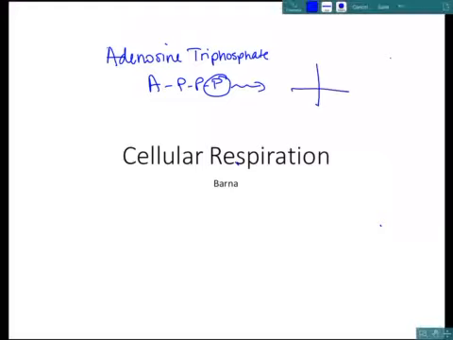So you may be pushing something across the membrane, or you may be attaching it to an enzyme to do a specific task. So we think of ATP as like the money in our body. We think of it like the money we need to pay a toll to get somewhere, to move down the highway. And there are 3 steps to cellular respiration.